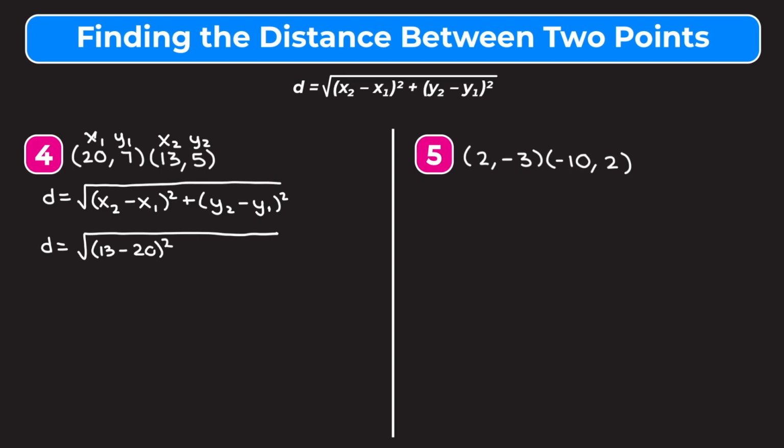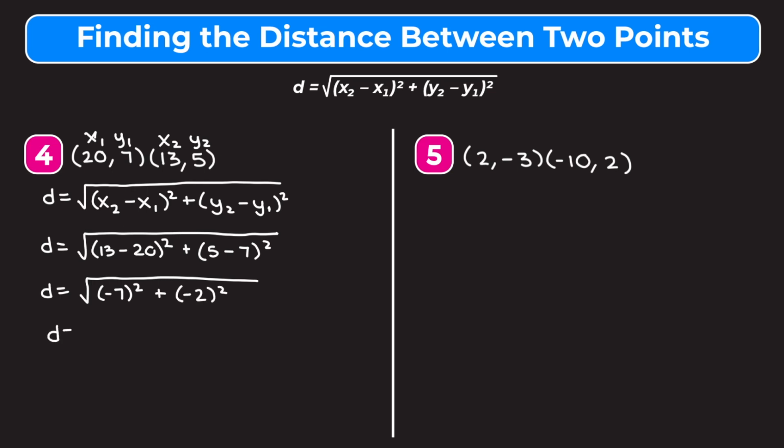All of that's going to be squared, plus y2, which is 5, minus y1, which is 7 squared. And now we're going to simplify. So we have the square root. 13 minus 20 is going to give us negative 7. So we have negative 7 squared, plus 5 minus 7 is negative 2. So plus negative 2 squared.